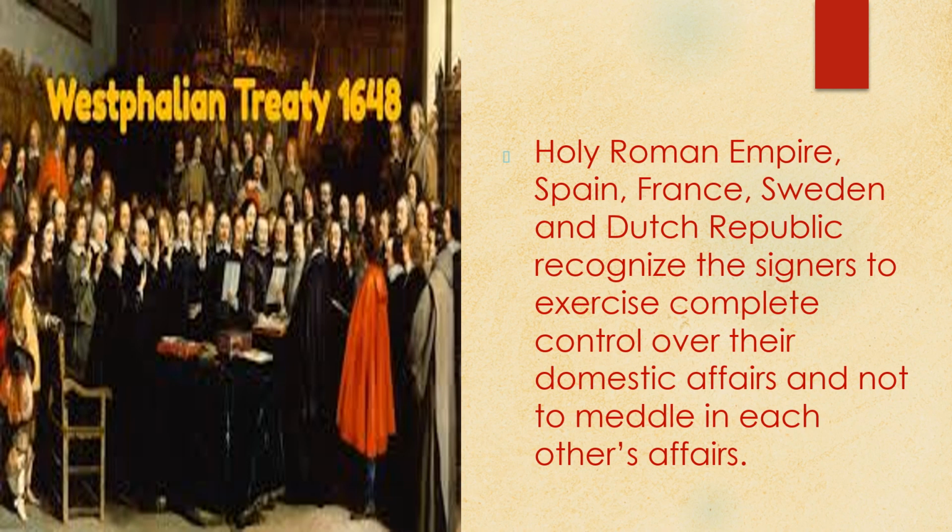The Holy Roman Empire, Spain, France, Sweden, and the Dutch Republic recognized the signers' right to exercise complete control over domestic affairs and not meddle in each other's affairs. So they agreed not to interfere with each other. Whatever their rules are, those are theirs alone. Whatever their religion is, they are free to practice what they want. And that treaty is called the Westphalian Treaty. It provided stability for the nations of Europe.